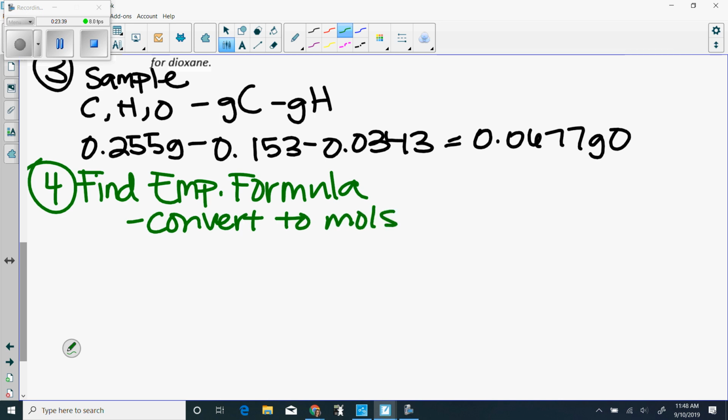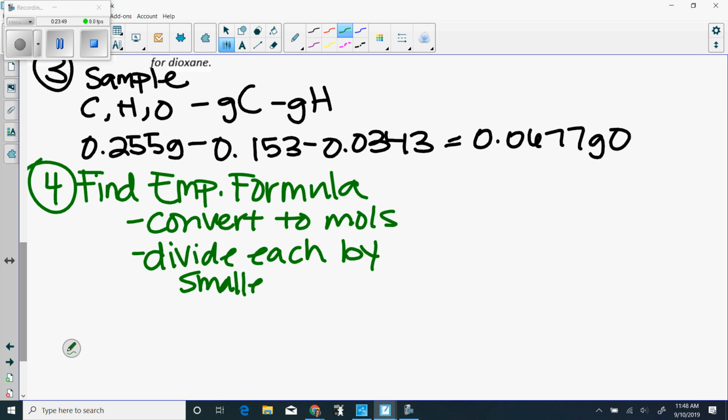Once we convert them all to moles, we divide each by the smallest to get a ratio that we use as subscripts. So I'm kind of undoing what I just did, but I switched to green to show a second round. I'm undoing it because I have to do the empirical formula.